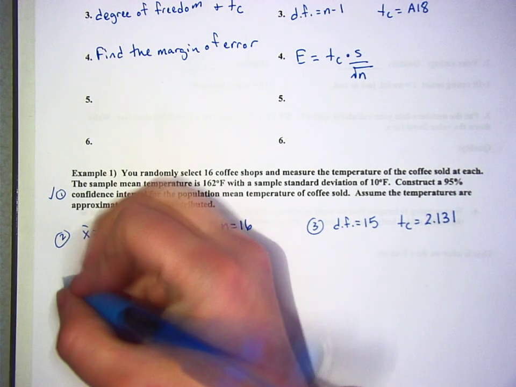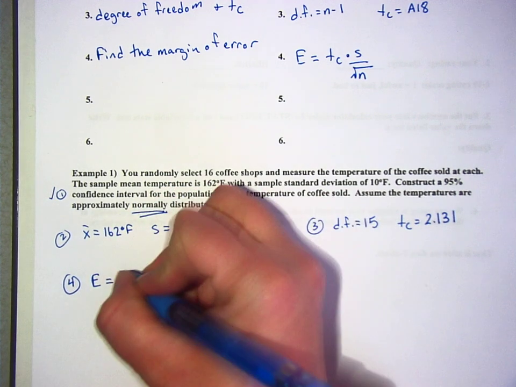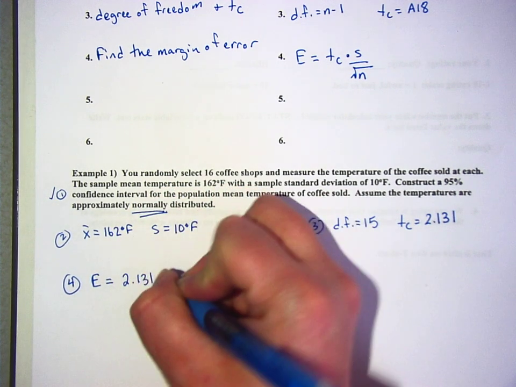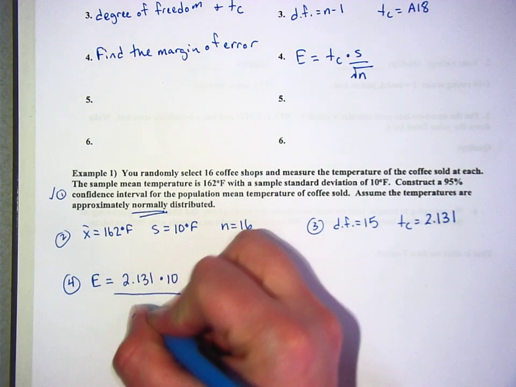Okay. So down here, I'm going to write E equals, and we're typing 2.131 times S, which is 10, divided by the square root of 16.